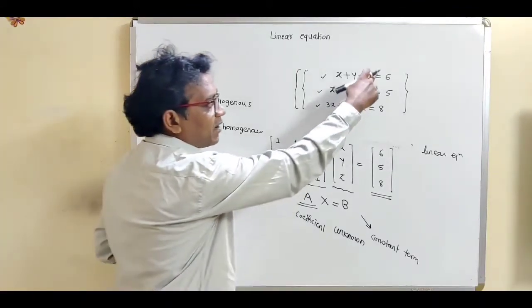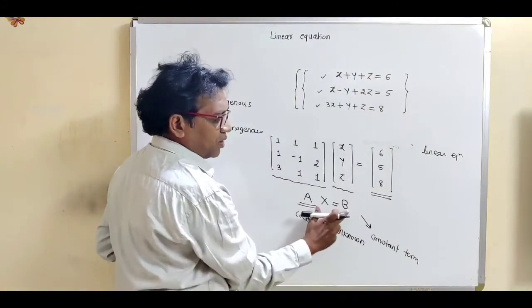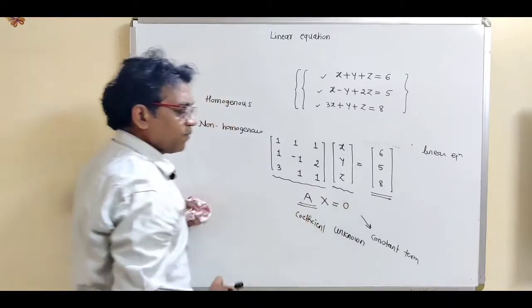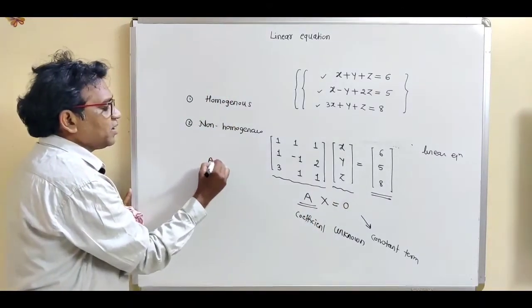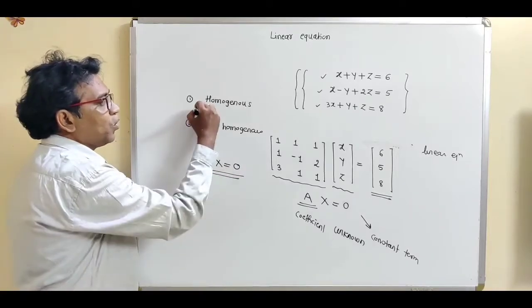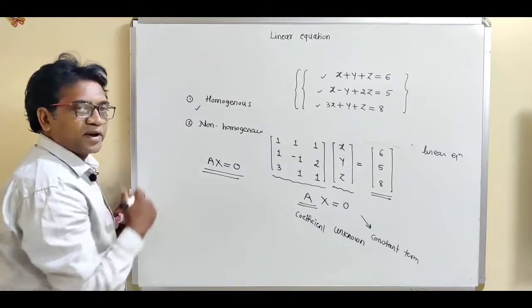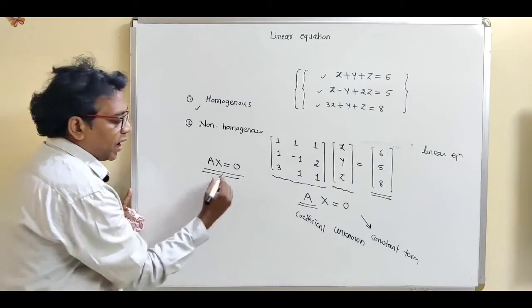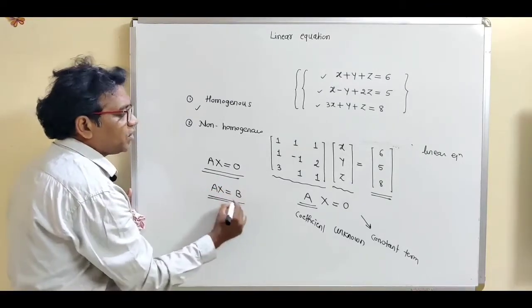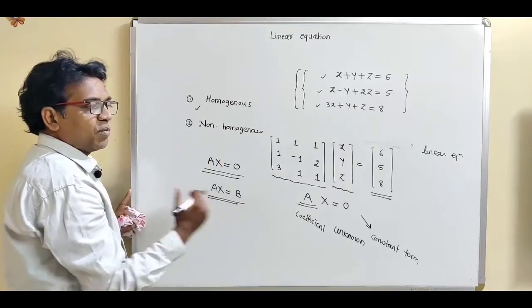If the right hand side, the matrix of constant terms, is 0, then the equation AX equal to 0 is called the homogeneous system of linear equation. And the equation AX equal to B is called the non-homogeneous system of linear equation.